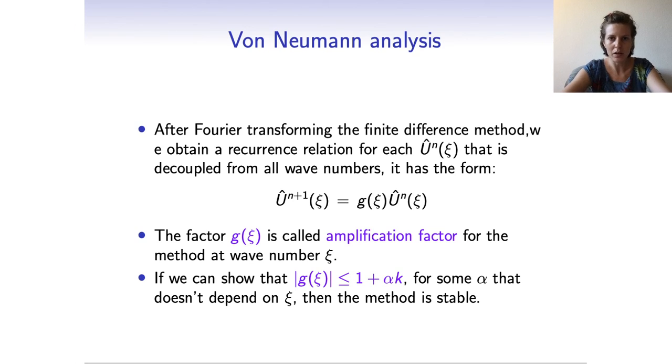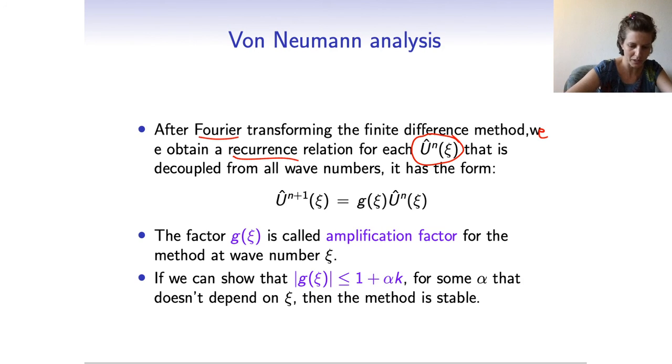Because now we want to apply this to our numerical method. So after Fourier transforming the finite difference method, we obtain a recurrence relation for each U hat of psi, that is, it depends on the wave number psi, and that is decoupled from all other wave numbers. It has this form. Okay.